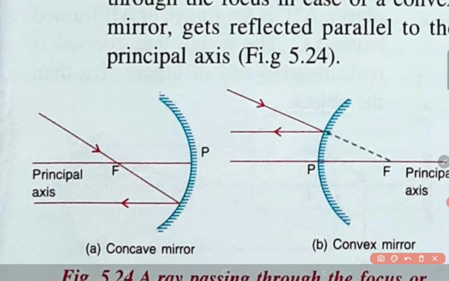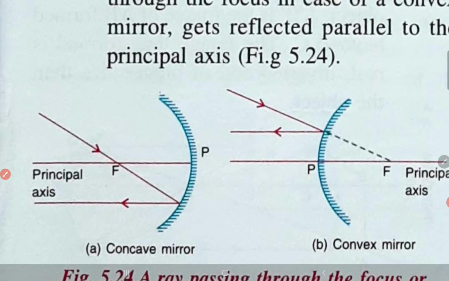And in this case, if a ray is appearing to pass through the focus, although it cannot go there because the mirror is opaque, then after reflection this particular reflected ray becomes parallel to the principal axis. So these are the three convenient rays which we need to use to draw our ray diagrams. I hope this is clear, you have understood till here.